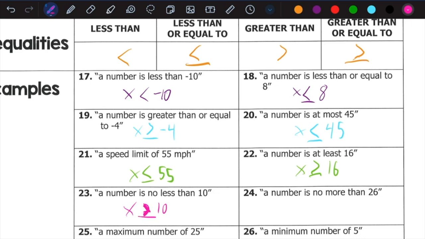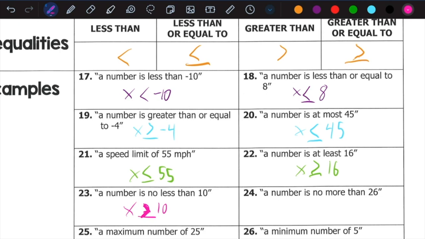So even though it says less than, and that might be tricky to us, we have to read into the context there, saying no less than that. Your grade in order to pass a class must be no less than 60. We're not talking about numbers lower than 60 passing the class. We're saying 60 or above or greater is passing the class.